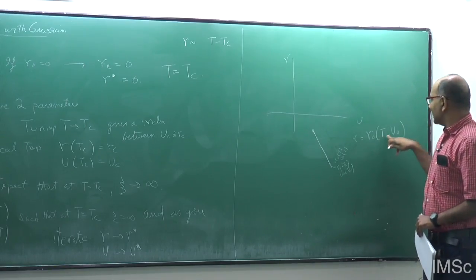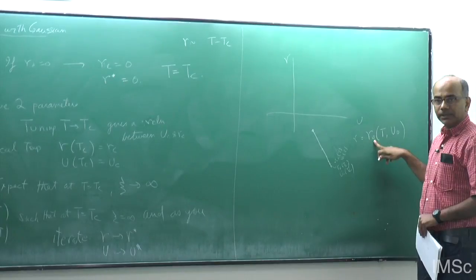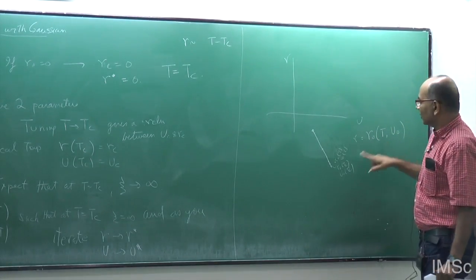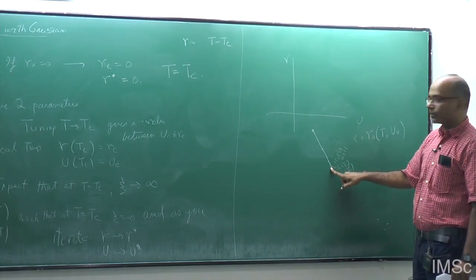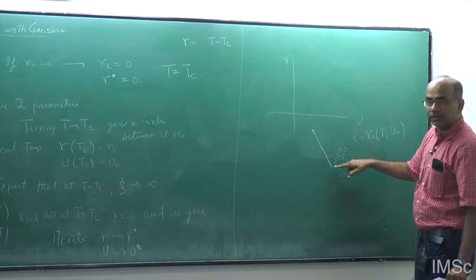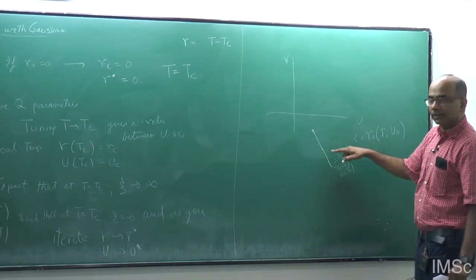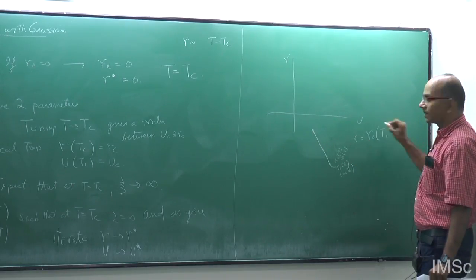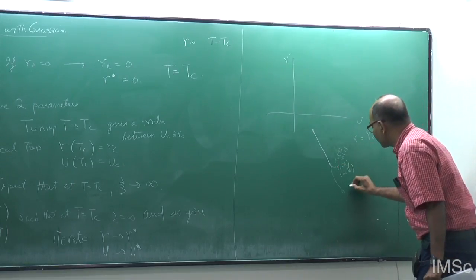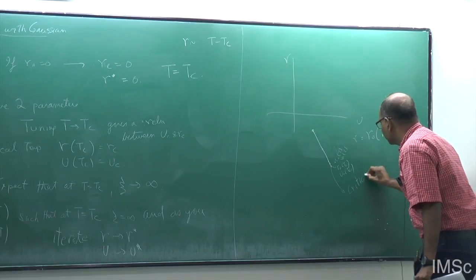Given T and a U0, there is an R0. There is one parameter such that when T equals Tc, you're on this curve. Pick any U0, there's an R0. So as a function of U0 and T, there's an R0, such that at T equals Tc, this is the curve. This curve is called the critical surface.